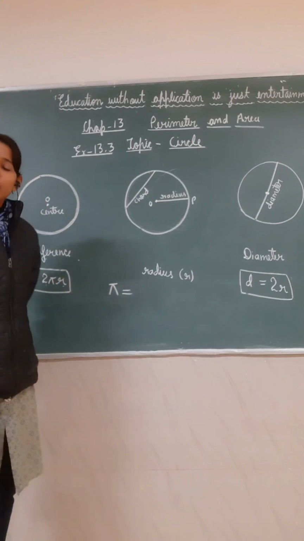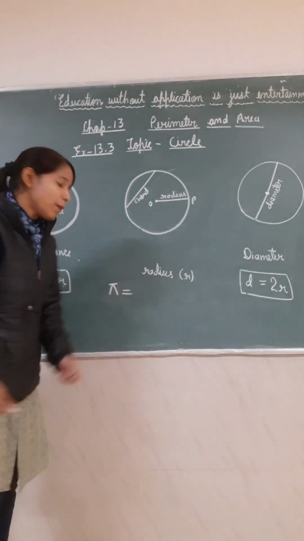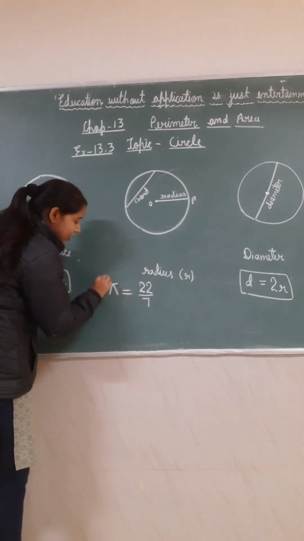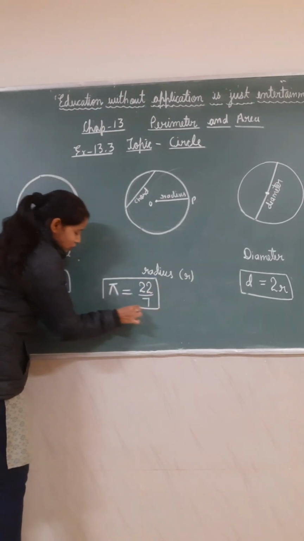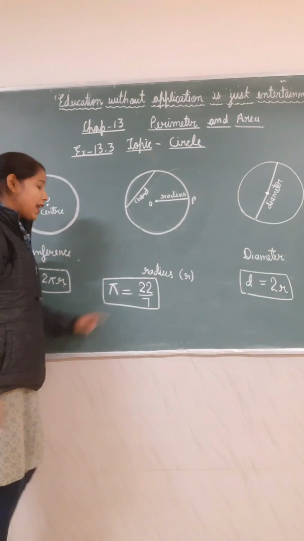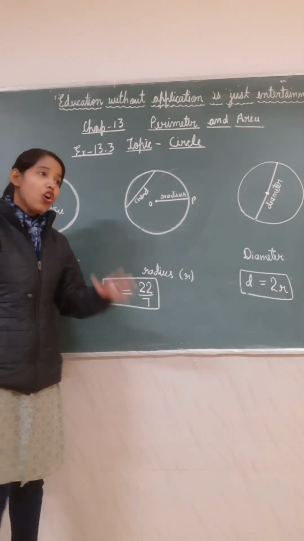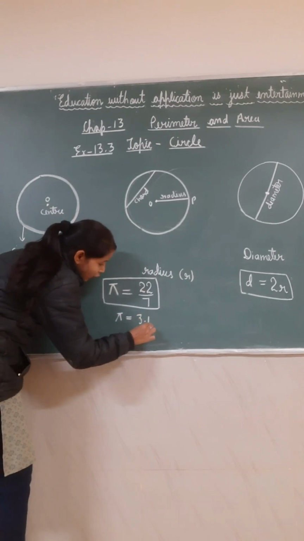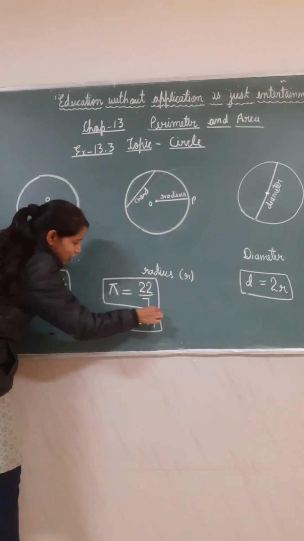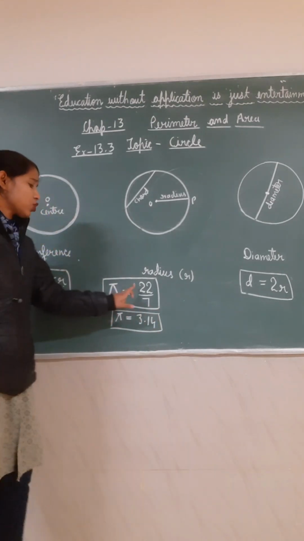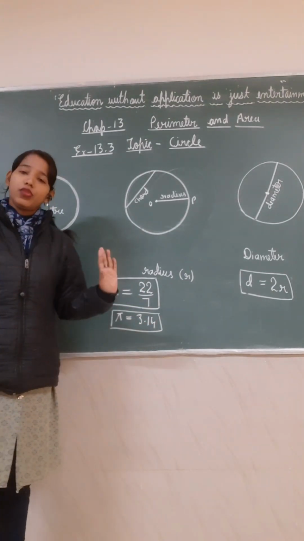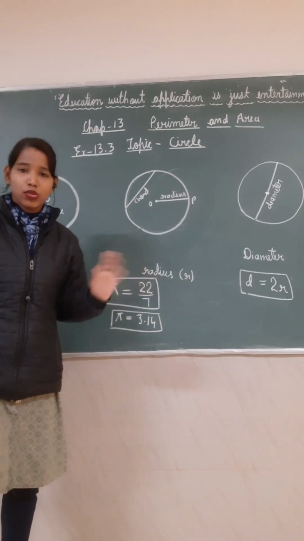Pi is a constant, and the value of pi is 22/7, or 3.14. Sometimes we use 22/7 and sometimes we use 3.14. According to the question we will use it.